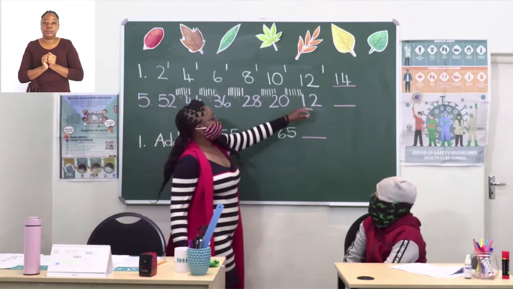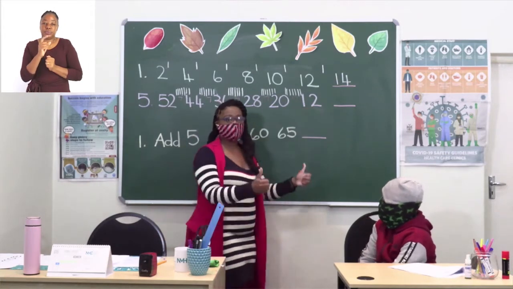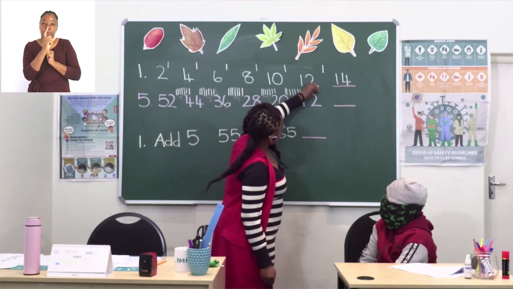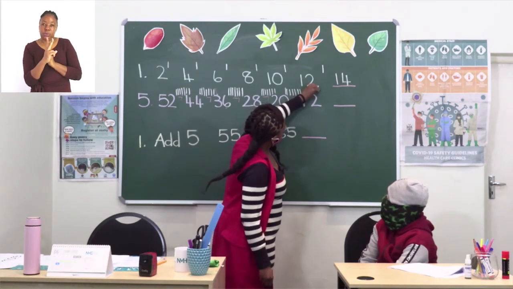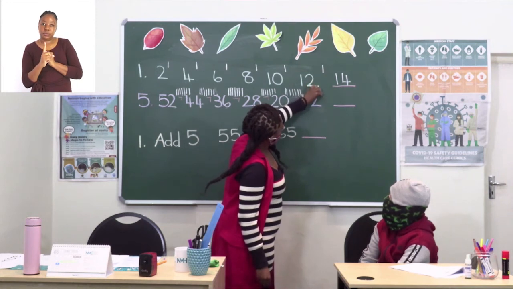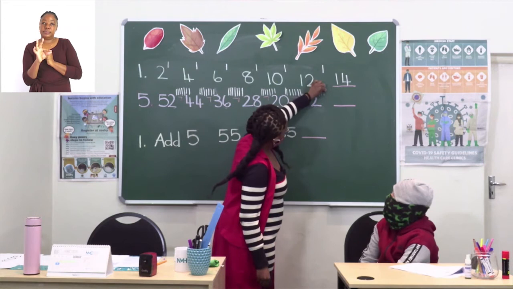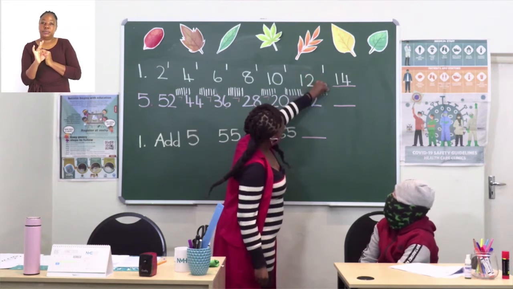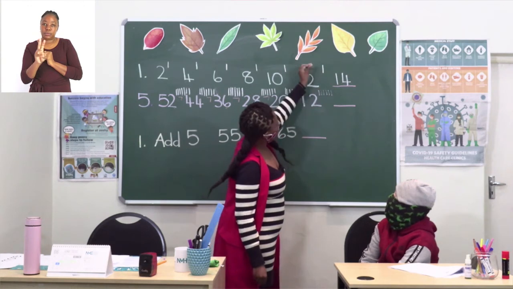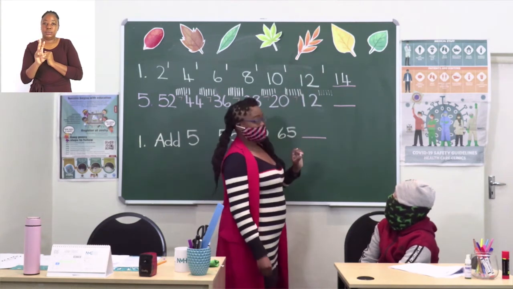And we are starting from number 12, going backwards. Let's go. 11, 10, 9, 8, 7, 6. Let's count our sticks before.